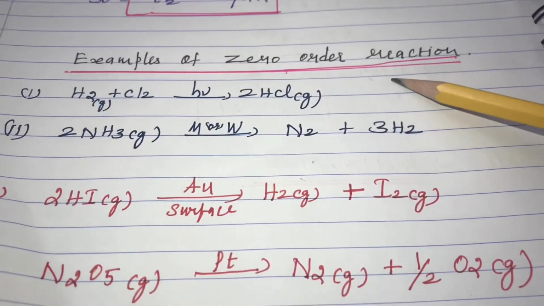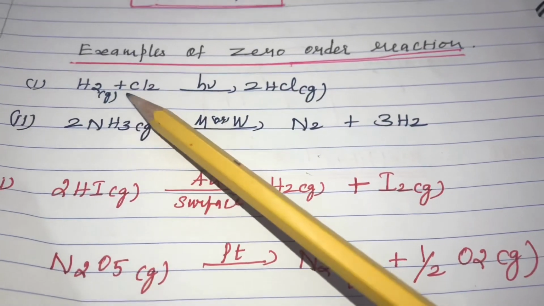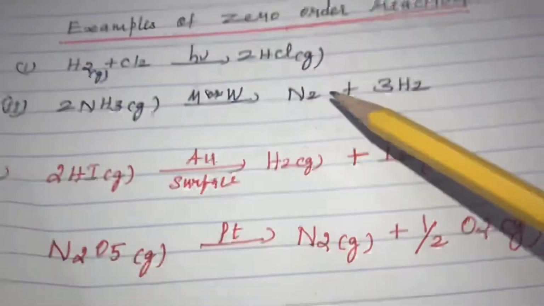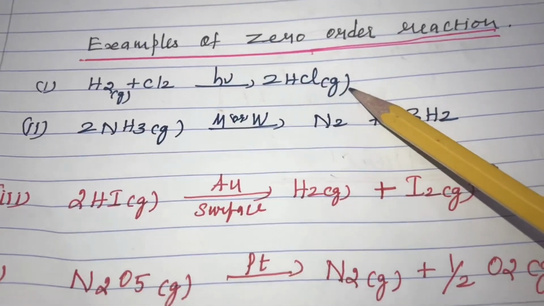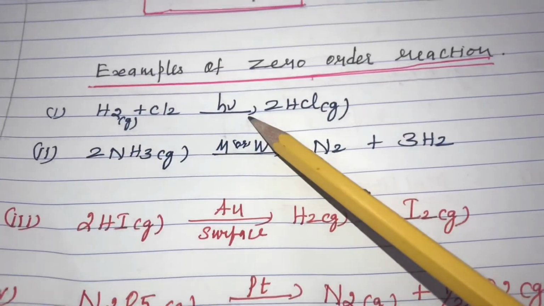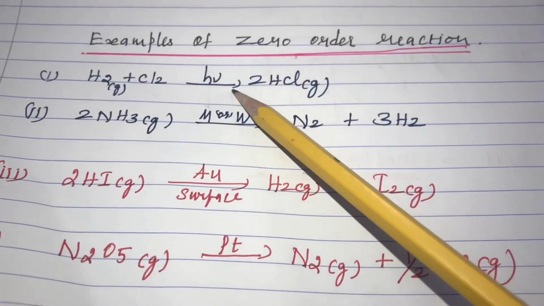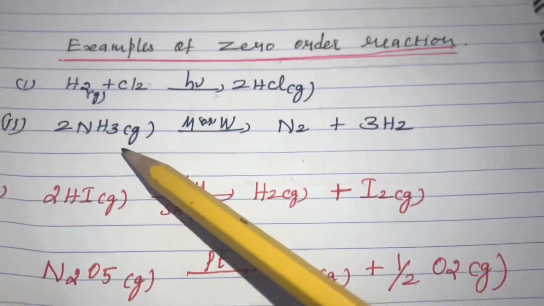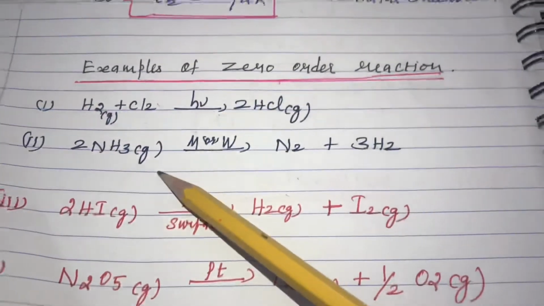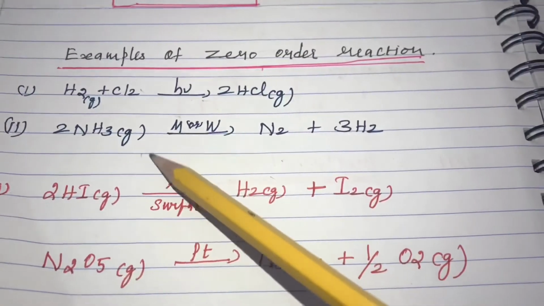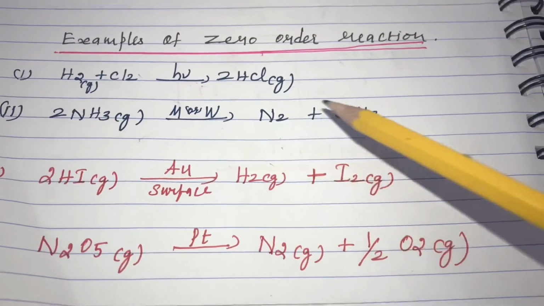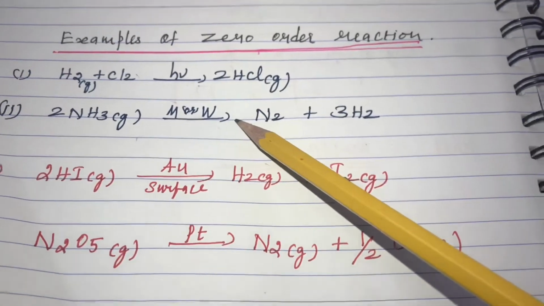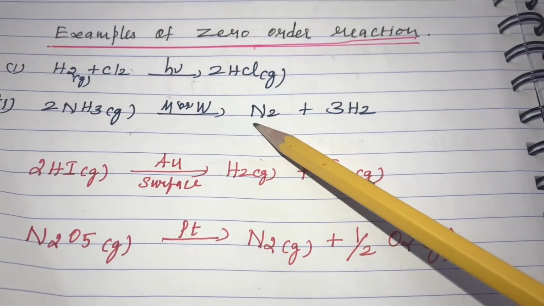Examples of zero order reaction. Reaction of hydrogen and chlorine in the presence of sunlight to form hydrogen chloride is an example of zero order reaction, as the rate of the reaction depends only on the sunlight, not on the concentration. And also decomposition of ammonia to form nitrogen and hydrogen in the presence of molybdenum or tungsten is an example of zero order reaction.